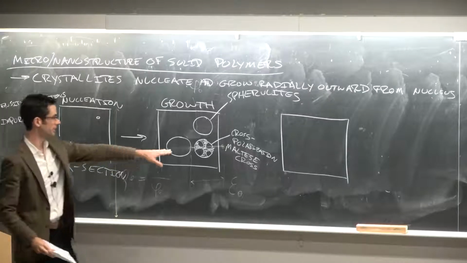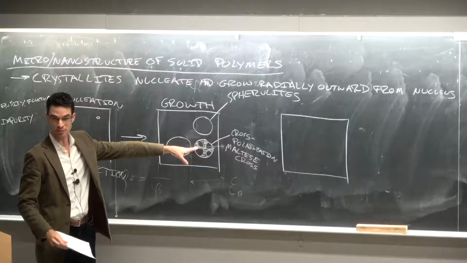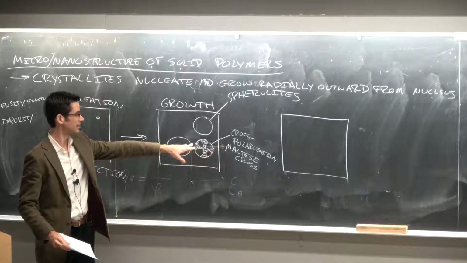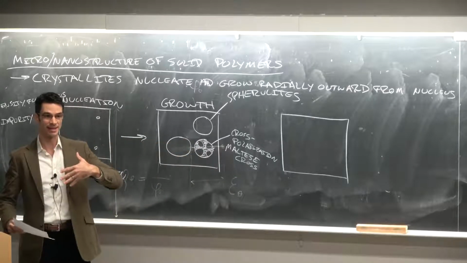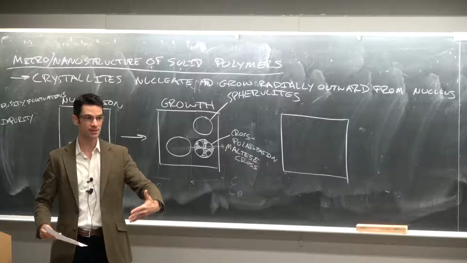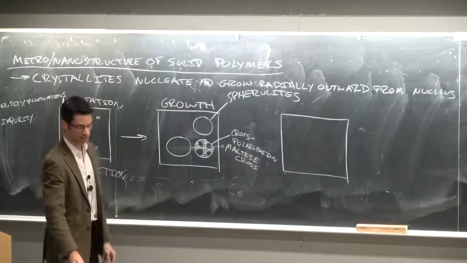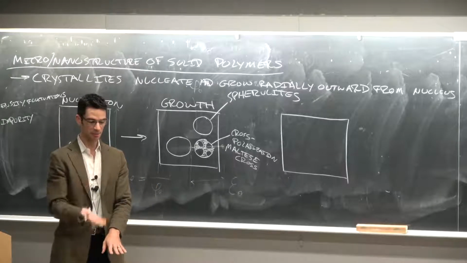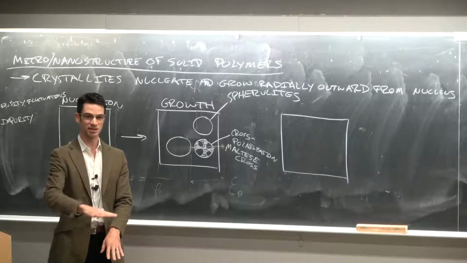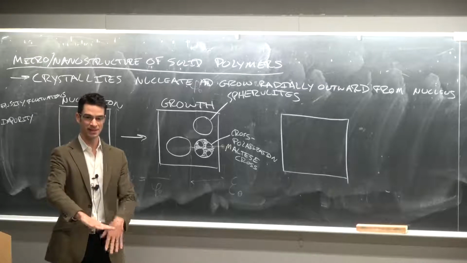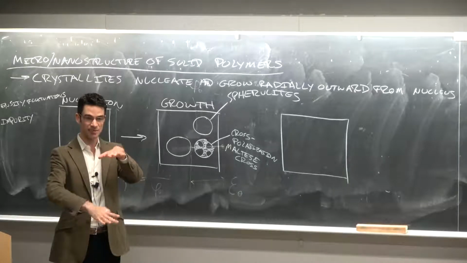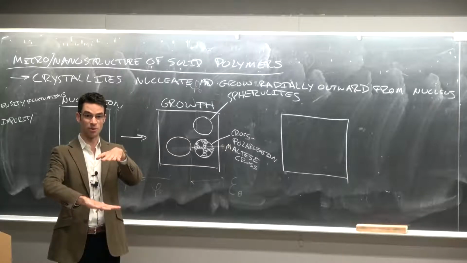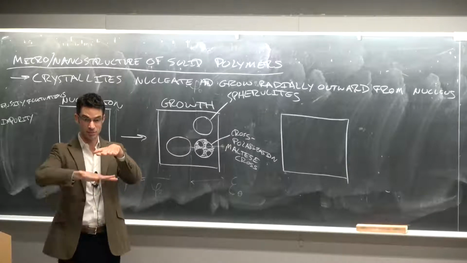Why does it form this? Well, it forms this because of the way that it scatters light. Cross polarization means that you illuminate from the bottom of the sample, but you have a polarizer in the bottom, and then a polarizer at the top that's oriented perpendicular to the first polarizer, and the sample's in between.